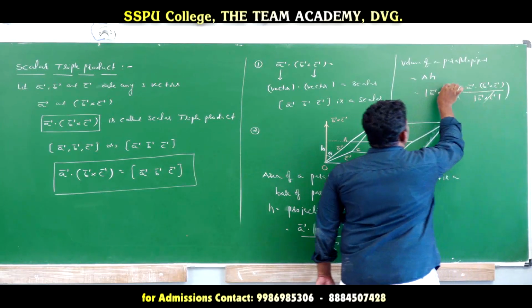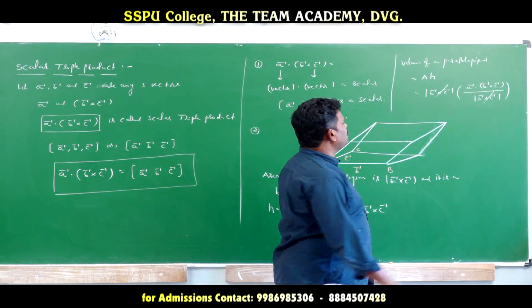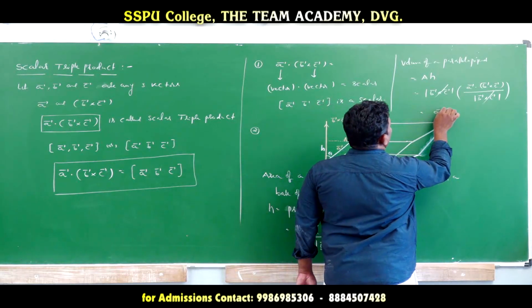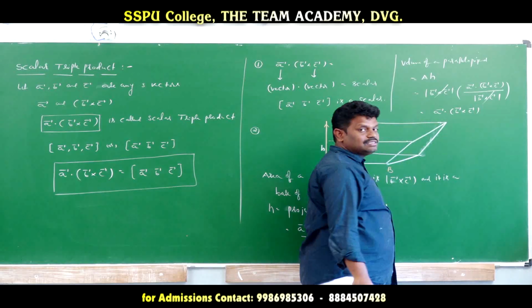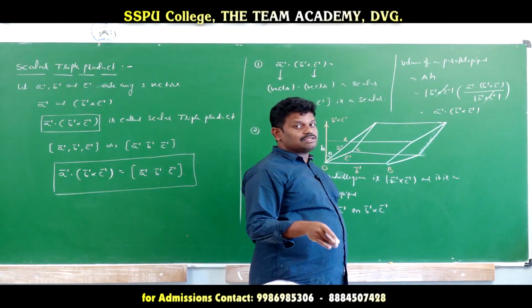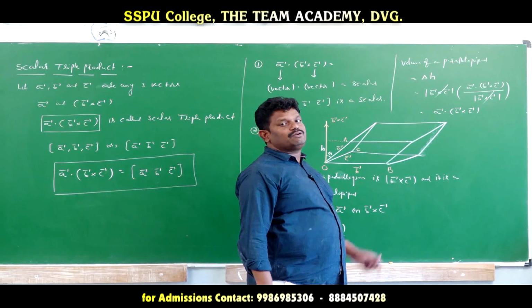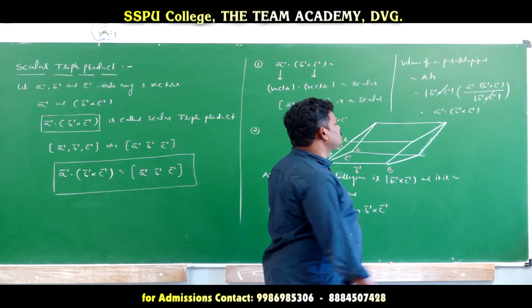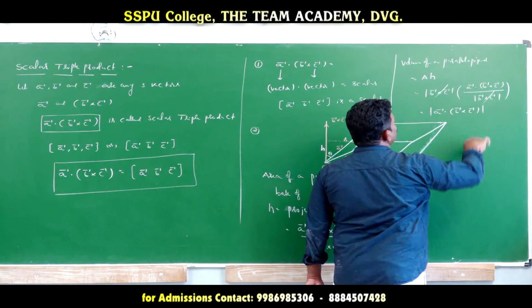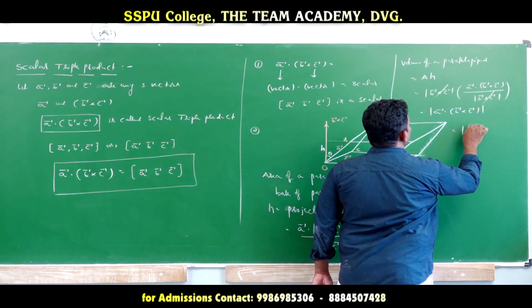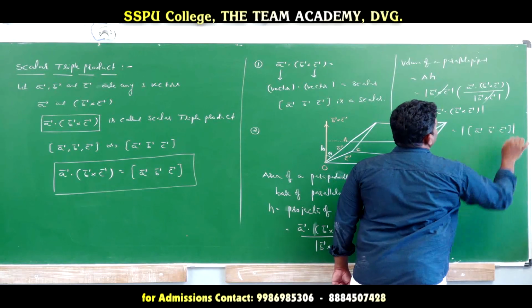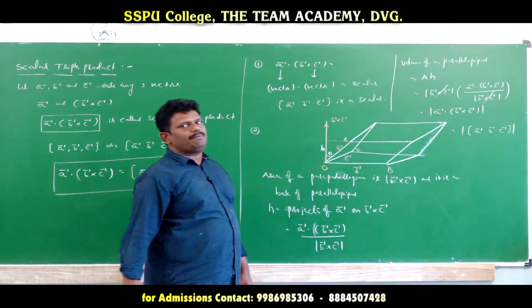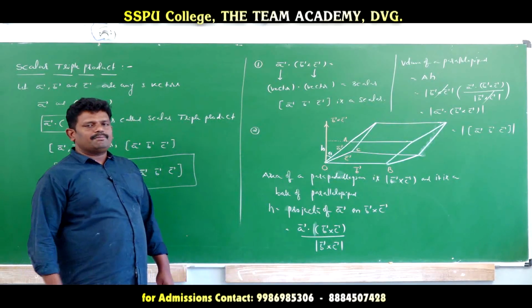Now these two cancel. The final value is A bar dot B bar cross C bar. This is the scalar product, and a scalar product can sometimes be negative, but volume cannot be negative. So we take the magnitude: the magnitude of the box product of A bar, B bar, C bar represents the volume of a parallelepiped.